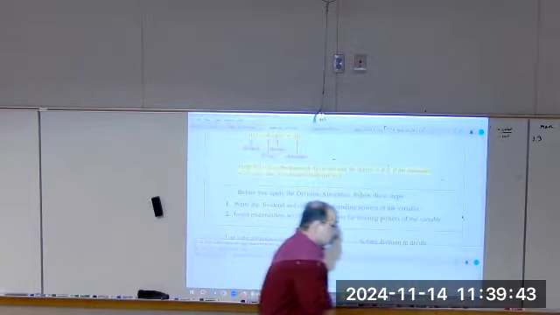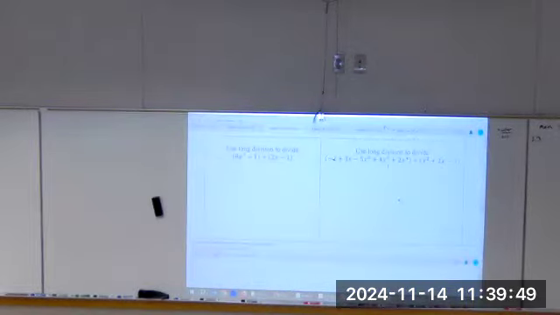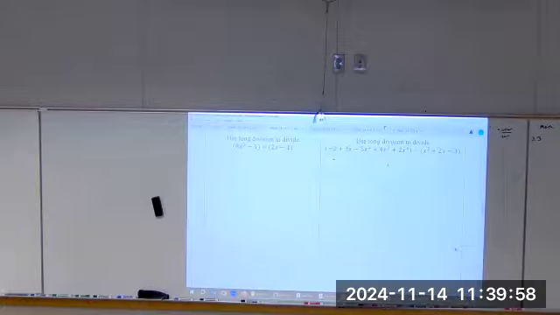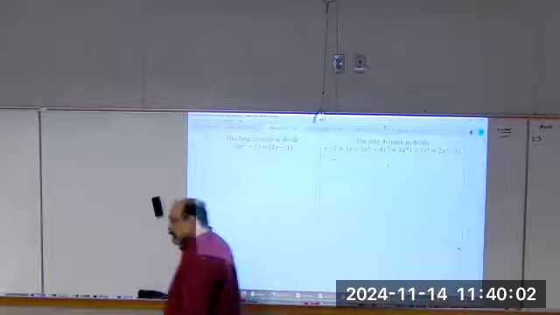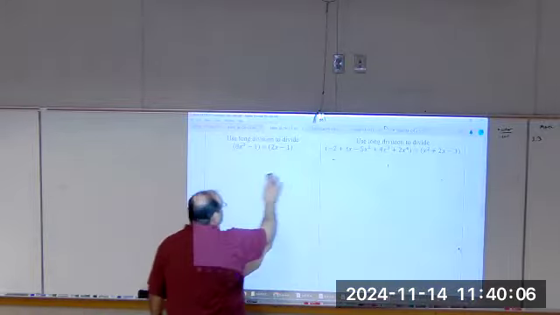So here's the example: 8x to the third minus 1, divided by 2x minus 1. I'm going to do this wrong, so just watch, don't copy it down.